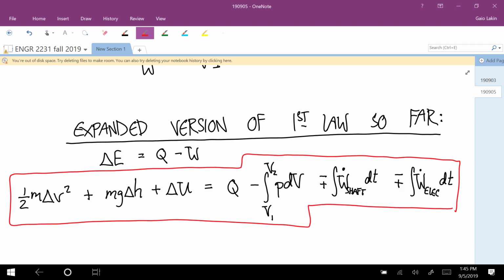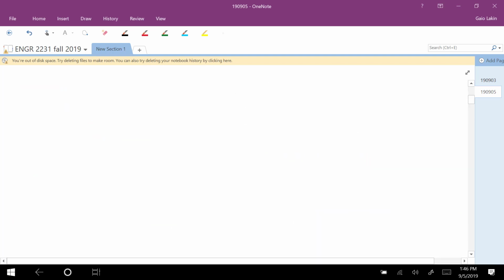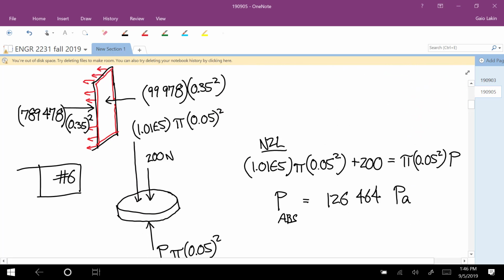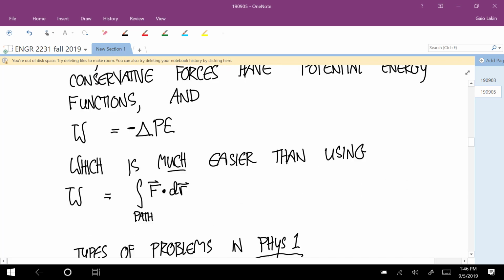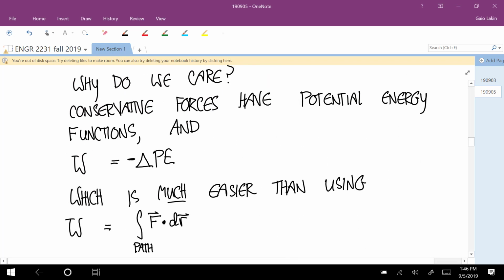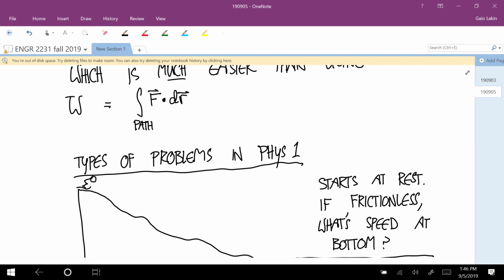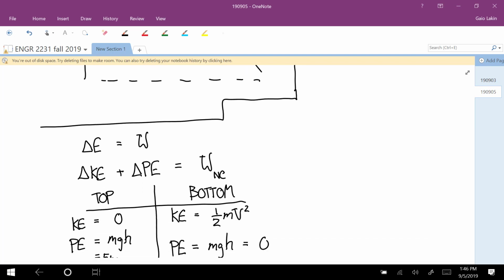So you've seen this equation before. We just have a lot more terms in it now. If you go all the way back to when I first started talking about this, this is what you had in physics 1, and if you knew the work done by the friction, you could have put it in there.